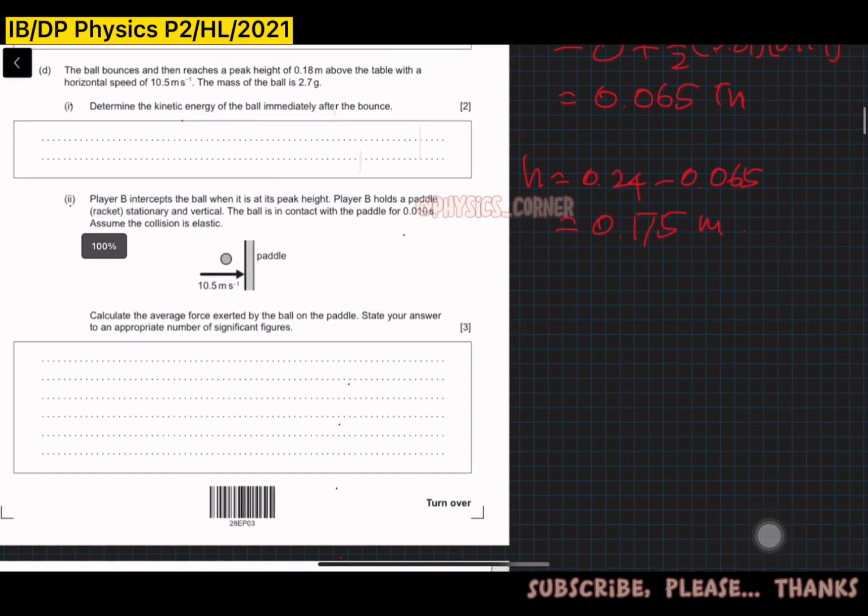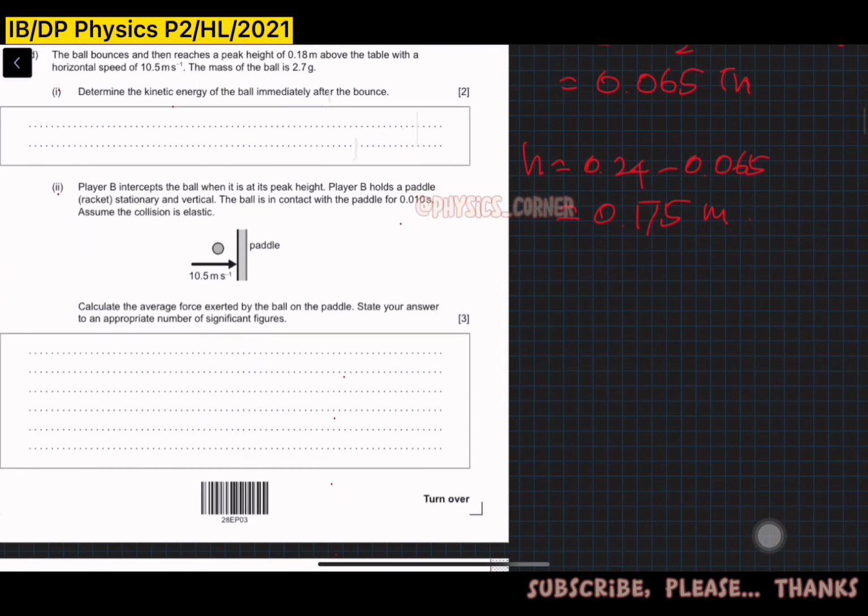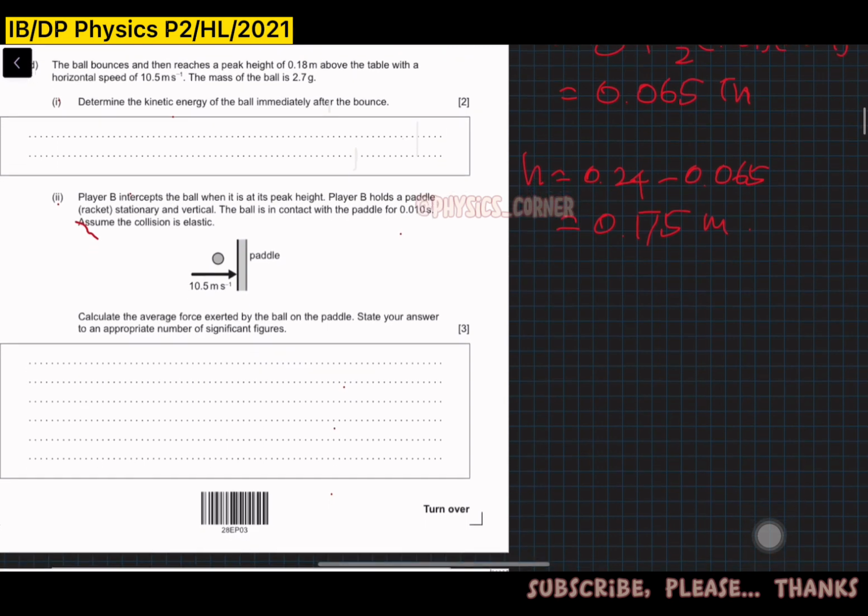So let's check question D. The ball bounces and then reaches the peak height of 0.18 meter above the table with the horizontal speed of 10.5 meter second minus 1. The mass of the ball is 2.7 gram.